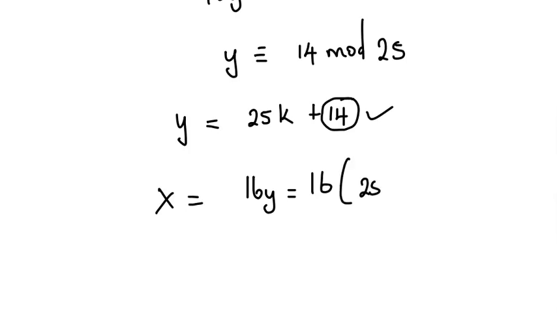We get 25k plus 14. Opening the brackets, we get x is equal to the general solution. Isn't that cool? 16 times 25k, that will give us 400k, sorry, I mean 400k plus 16 times 14.